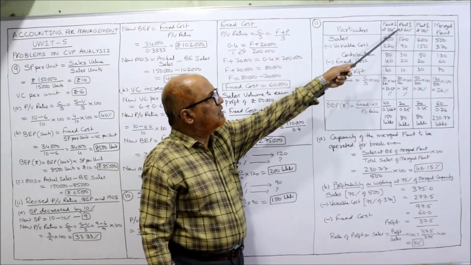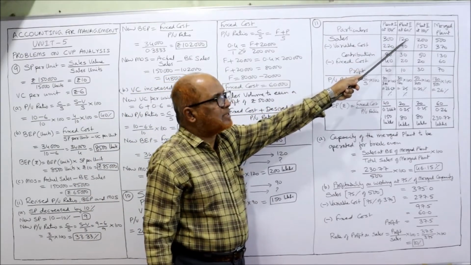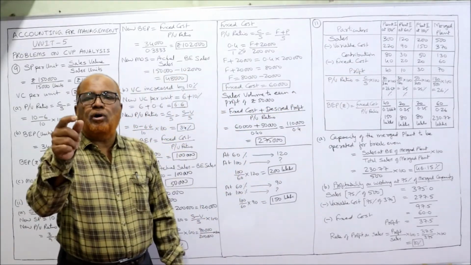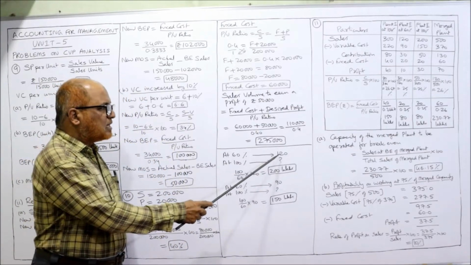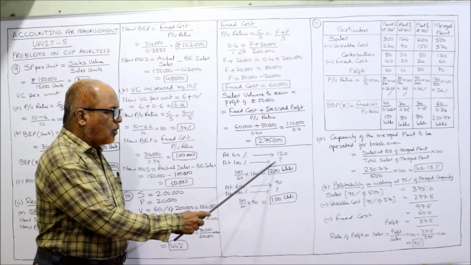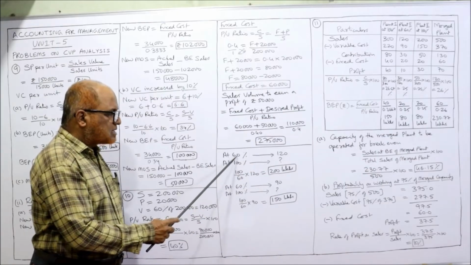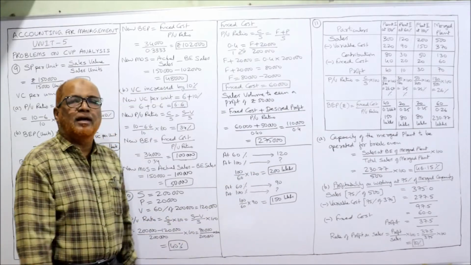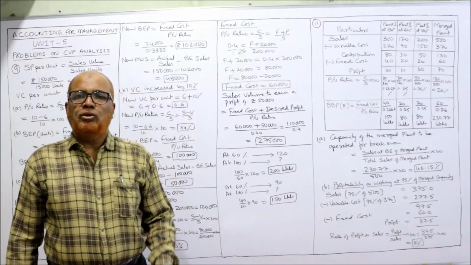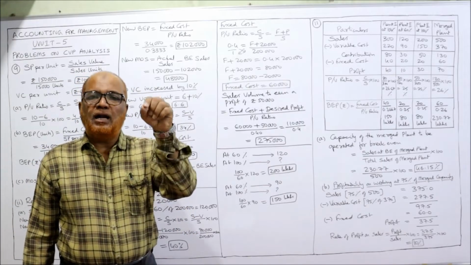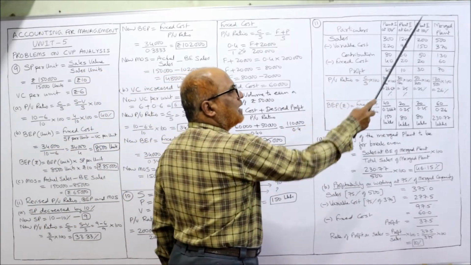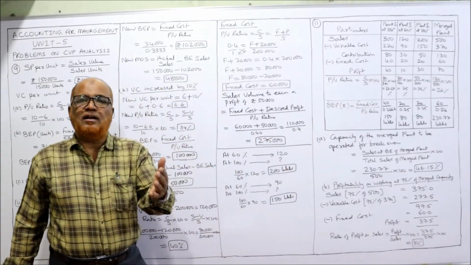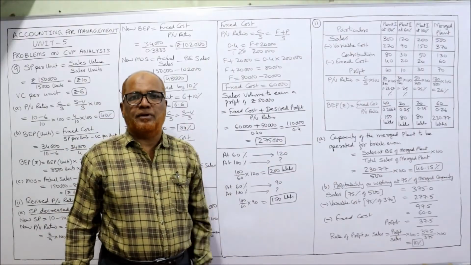You can see here, plant 2 60% capacity 120 lakh. But I want to convert it into 100%. So for 60% 120 lakh, 100% how much? So 100 by 60 into 120, you will get 200 lakhs. So plant 2 100% capacity, the sales would be 200 lakhs. I have converted 60% to 100%.